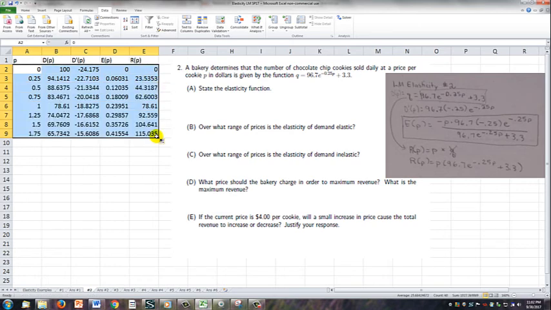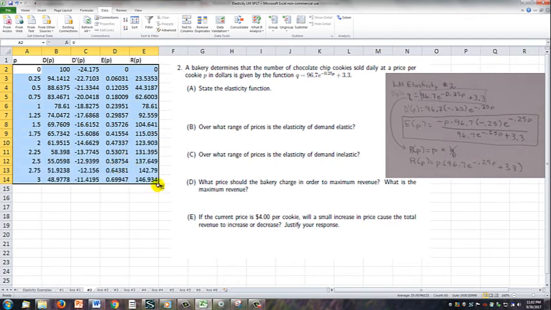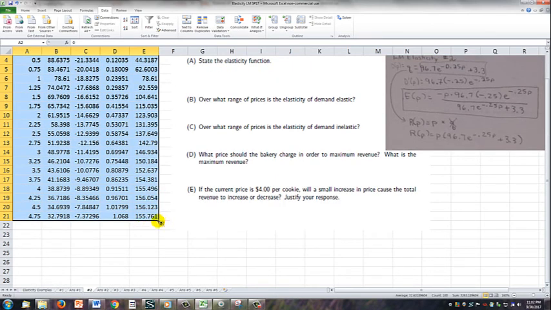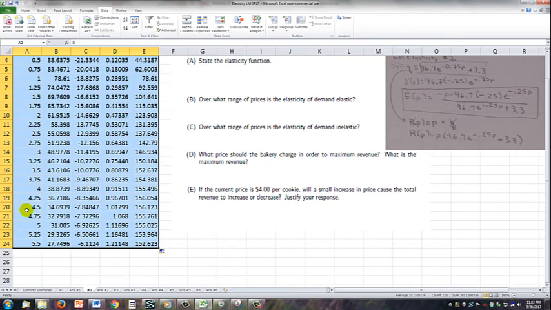And my elasticity is inelastic, so I'm going to keep going. It's still inelastic. And then it starts to be elastic, which means that somewhere in between 425 and 450 is my max revenue.